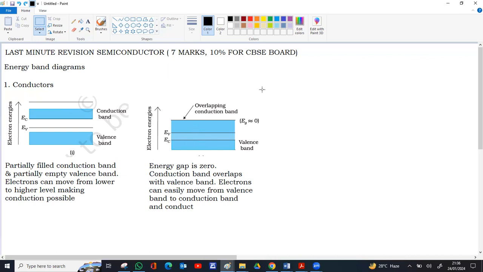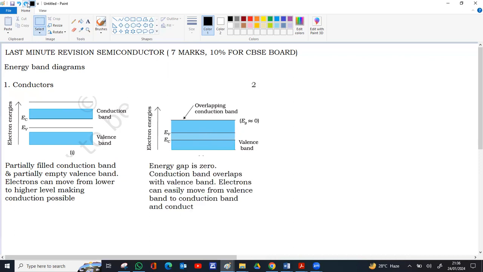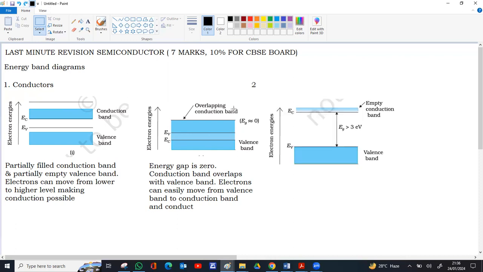Now the second broad classification after conductors is insulators. In insulators, the energy gap is more than 3 electron volt. So the conduction band and valence band are separated by an energy gap which is greater than 3 electron volt. Normally the conduction band will be empty because this large energy gap is normally not supplied by thermal energy.